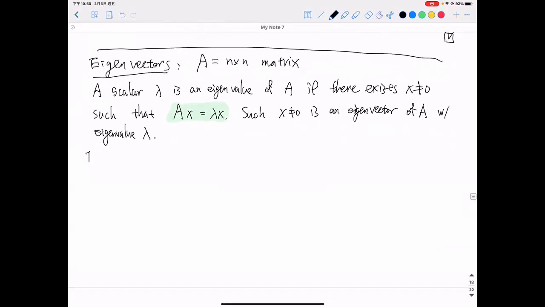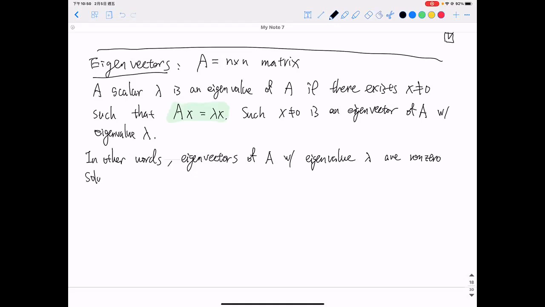So in other words, eigenvectors of A with eigenvalue lambda are non-zero solutions to this equation, A minus lambda I times x equal to 0.